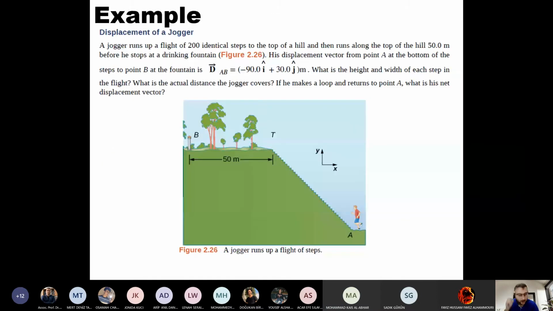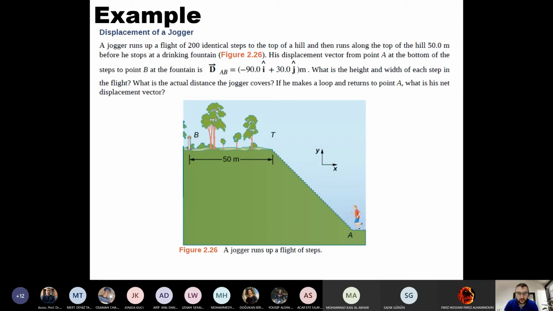Yes. So our next example is this one: the displacement of a jogger. A jogger runs up a flight of 200 identical steps to the top of a hill, and then runs along the top of the hill 50 meters before he stops at a drinking fountain.